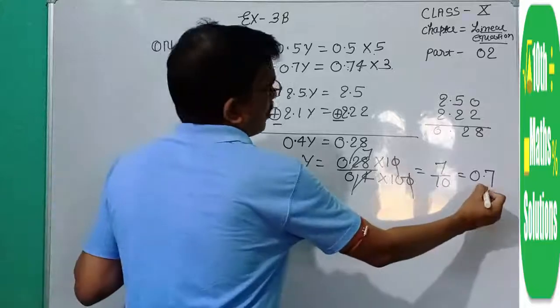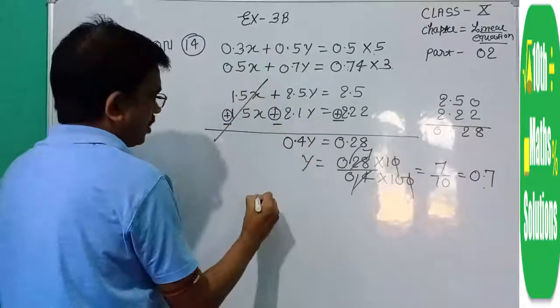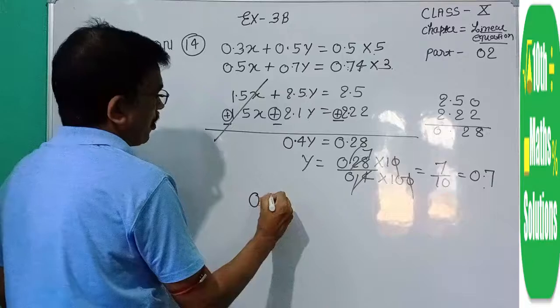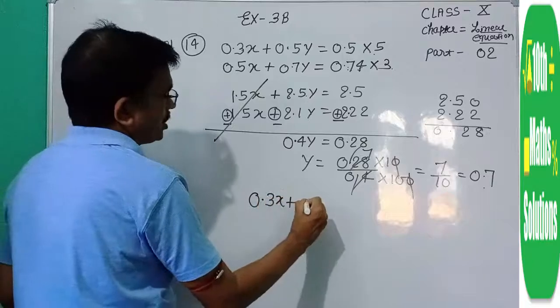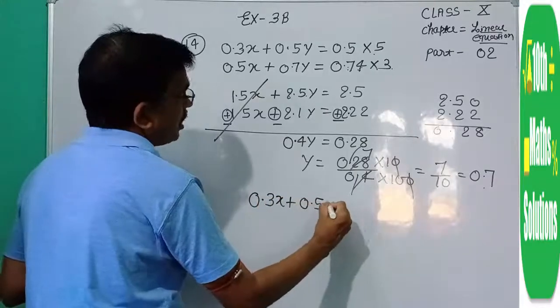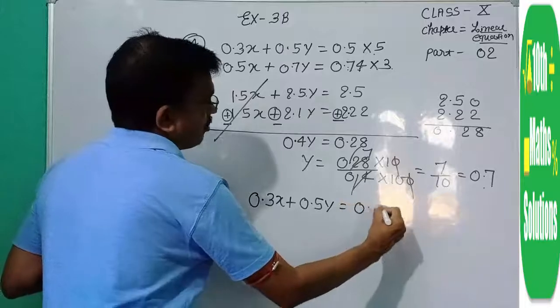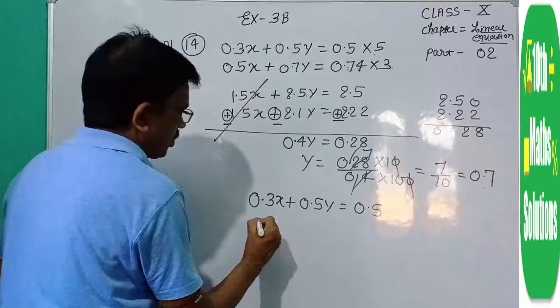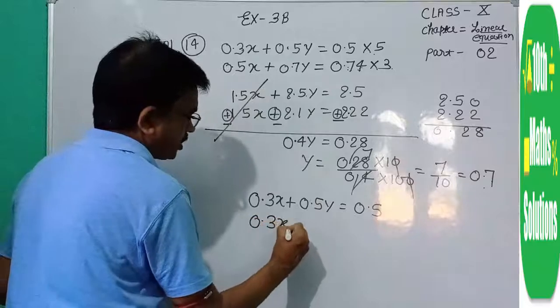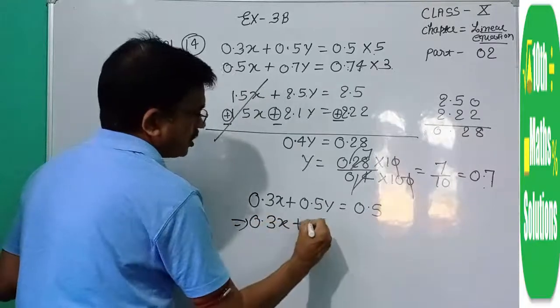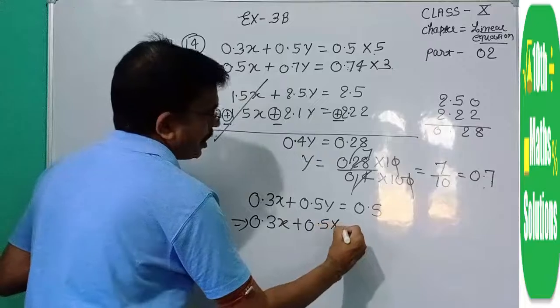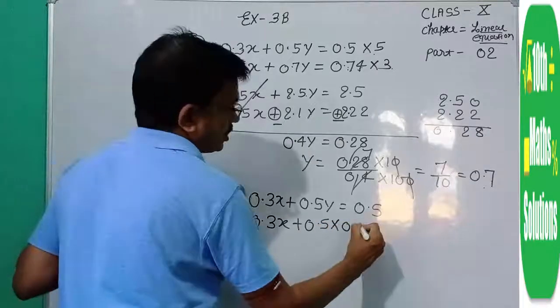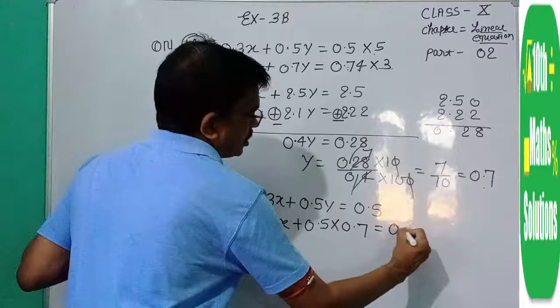Now substitute the value of y in the first equation. Your equation is 0.3x plus 0.5y is equal to 0.5. The answer is 0.7, so write 0.3x plus 0.5 into 0.7 is equal to 0.5.